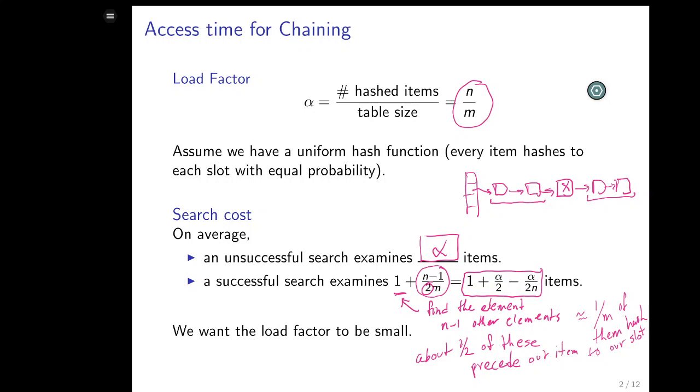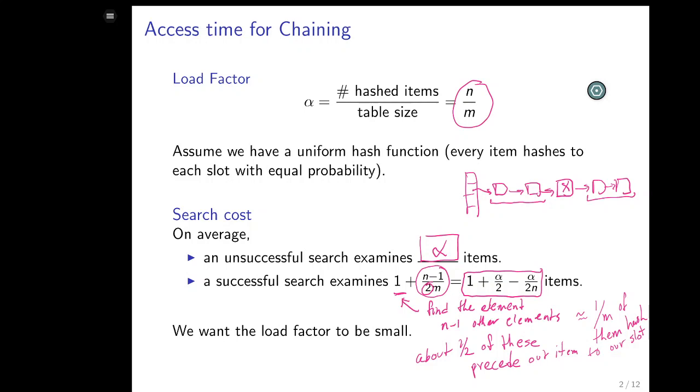Generally you would expect an unsuccessful search to examine alpha and the other one to examine something like alpha over 2, but it's not quite like that. It's about 1 plus alpha over 2, because you found something successfully and you have this alpha over 2. And then there's a little bit off. It's like minus alpha over 2.